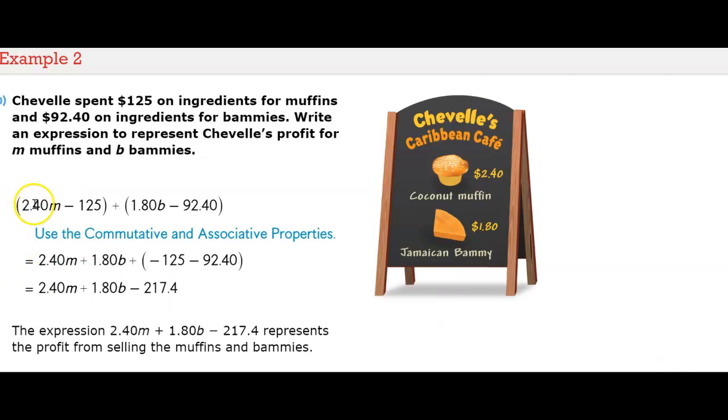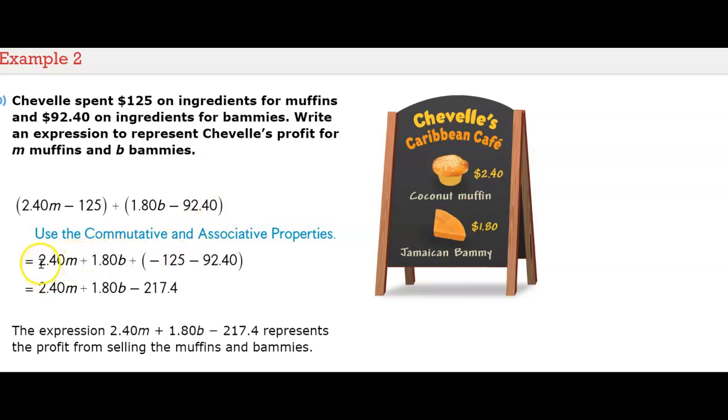Here you have the $2.40 times M minus the 125 plus the $1.80 times B minus the $92.40. So it says to use the commutative and the associative properties.